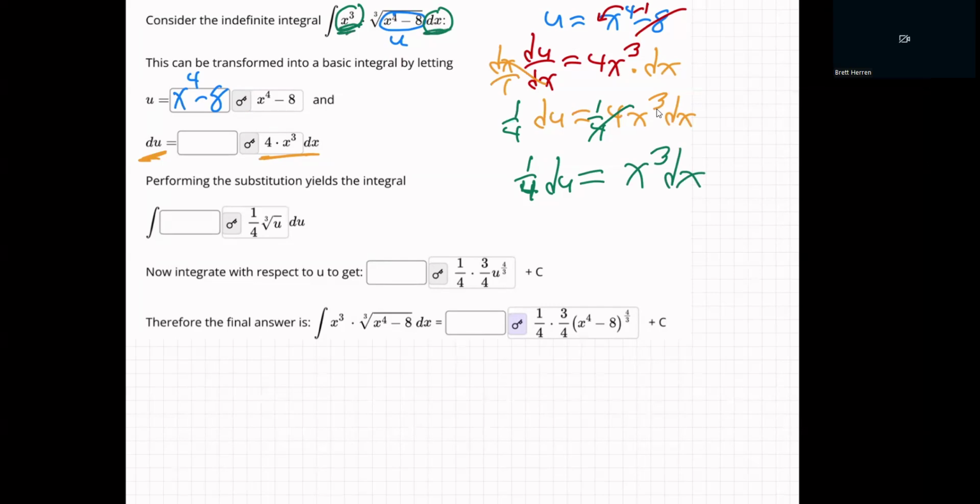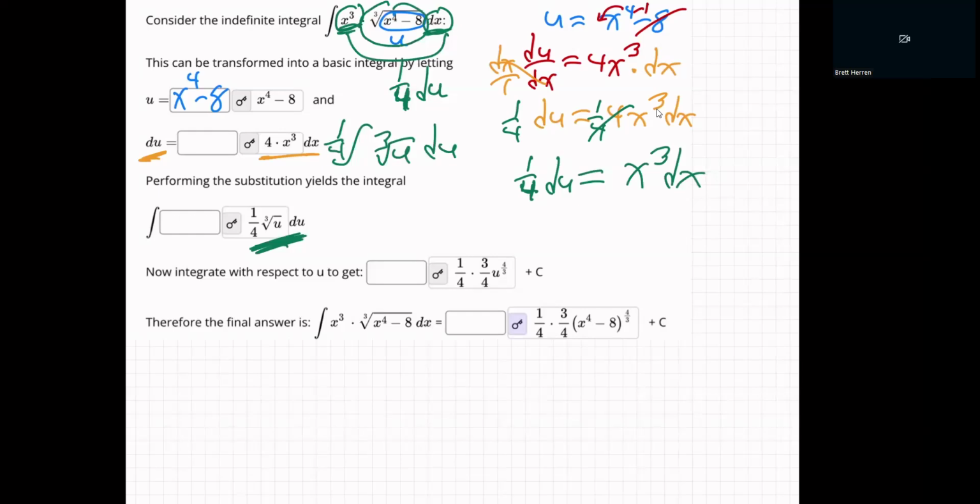So this integral here becomes the integral of, this is the third root of u, and I'll stick the 1/4 in the front, du. 1/4 cube root of u du.